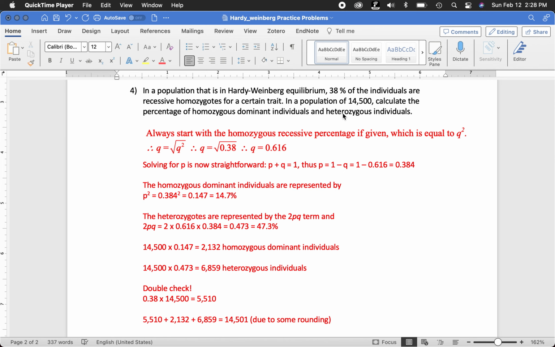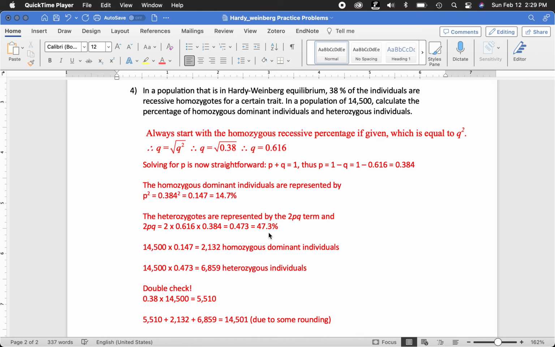The last part of this is asking for the percentage of heterozygous individuals, and you can use the 2pq term now to find that out. We already found out our q term allelic frequency and our p term, or dominant allele frequency, so now we can just plug that in and multiply them to find out what the heterozygous percentage is in this population.